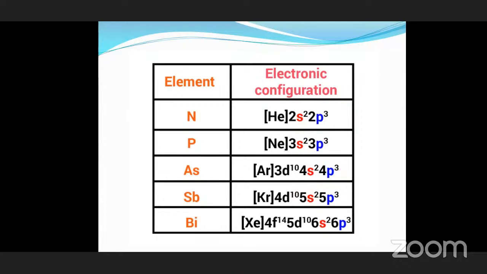That means the common outermost electronic configuration of group 15 elements is ns2 np3, where n is a number like 2, 3, 4. So ns2 np3 is the common outermost electronic configuration, or valency orbitals. So this is about electronic configurations.